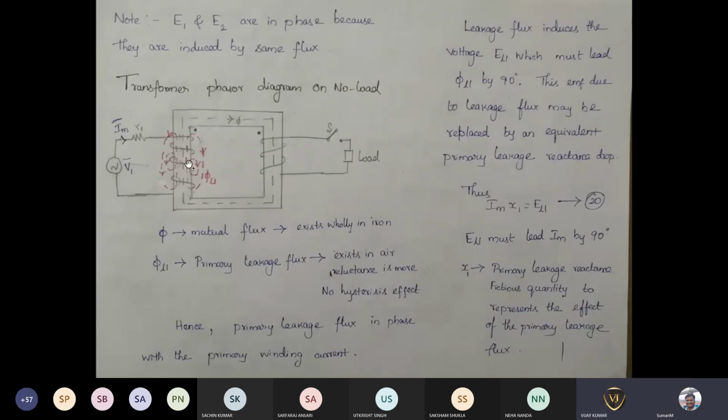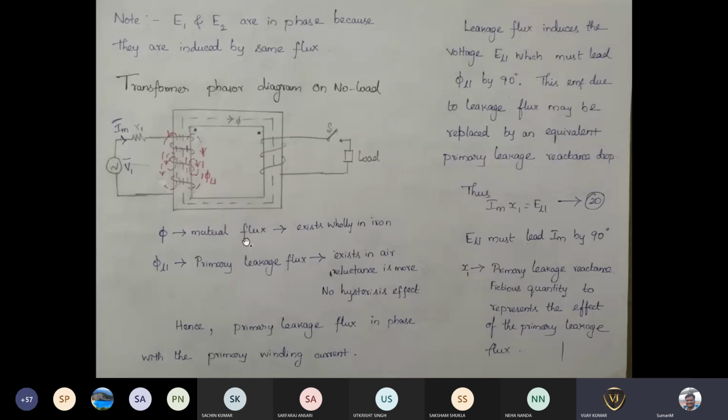So here the current which is flowing produces some flux intensity. That flux intensity and the magnetic field, because of this leakage flux, will not face any hysteresis loop, because here most of the flux is linking the air rather than the iron core or magnetic material. Because of that there will not be any hysteresis for the leakage flux.